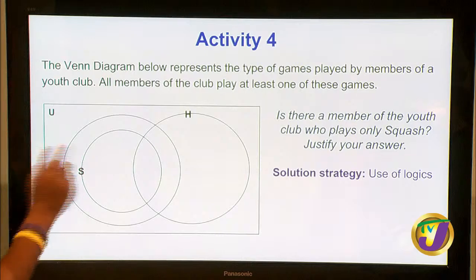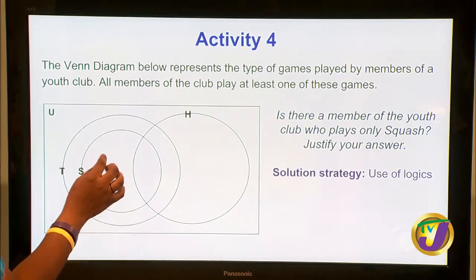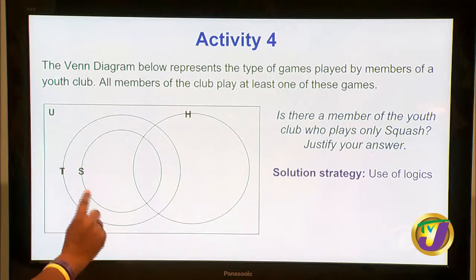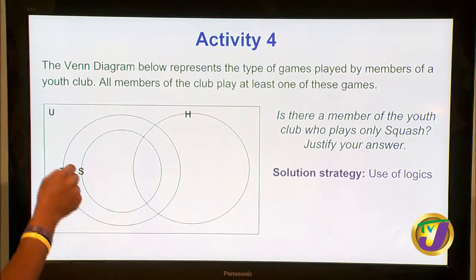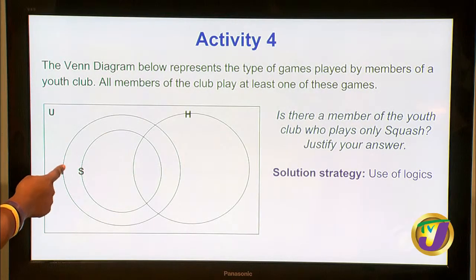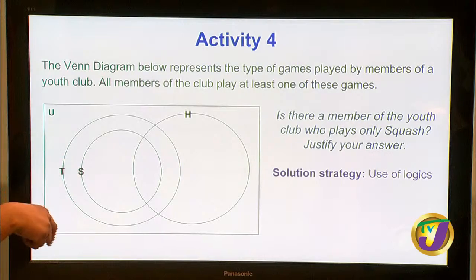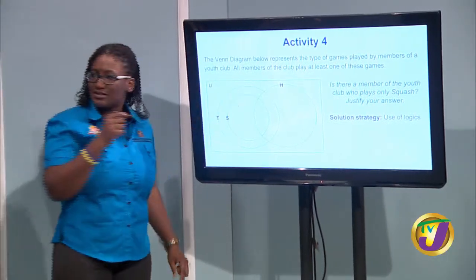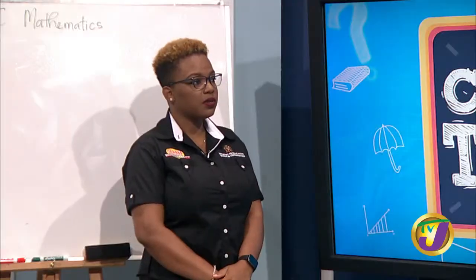So I'm looking at out here. But, Latoya, I'm looking at everybody who plays squash, they're in the tennis set. So squash is a subset. The set squash is a subset of the tennis set. So guess what? Everybody who plays squash plays tennis.